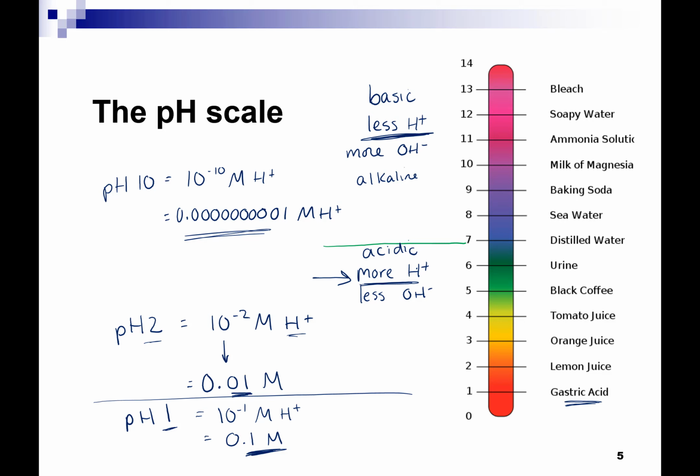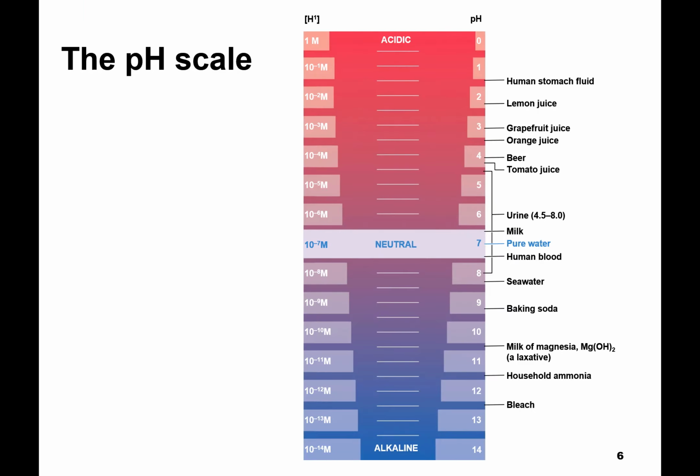All right, let's look at the pH scale again. So here it's upside down again. You always got to look at which direction. And what I want you to notice is this correlation. So an acidic pH, there's no decimal here, right? pH of 1, 10 to the minus 1. pH of 2, and in case this is confusing you, 10 to the minus 0 is 1. Remember, anything to the 0 power is 1, right? So as we get more basic, we're getting a smaller and smaller amount of hydrogen ions.